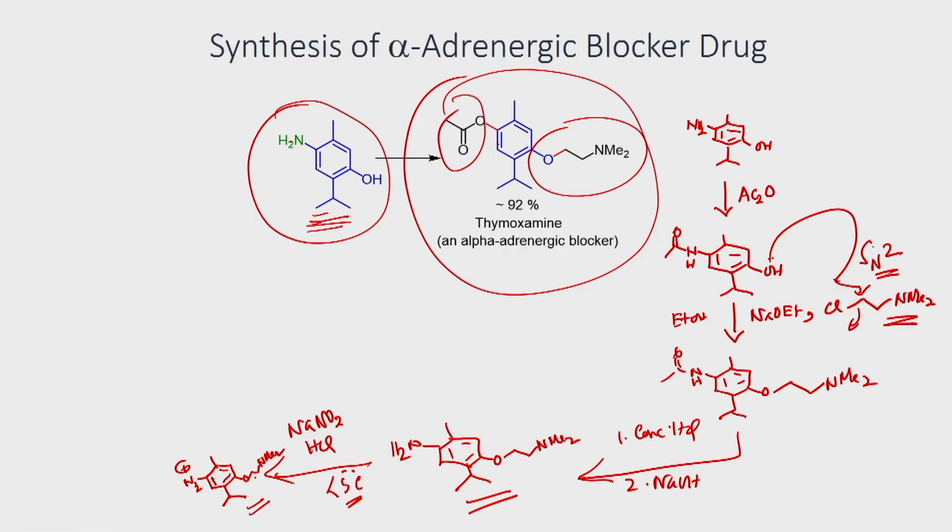You have this salt. Once we have this one, you can try to react with water. When you heat it, you can make a carbocation which can react with water. You will be able to form this phenol.